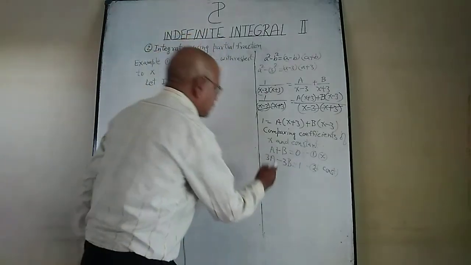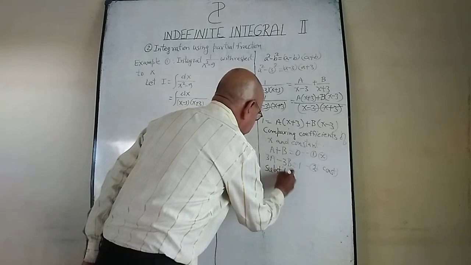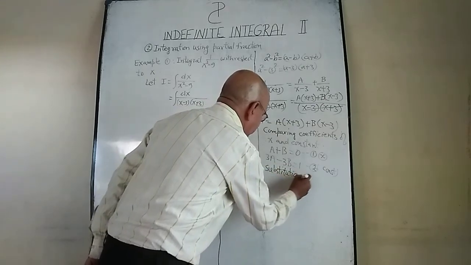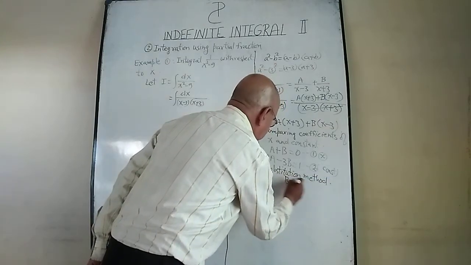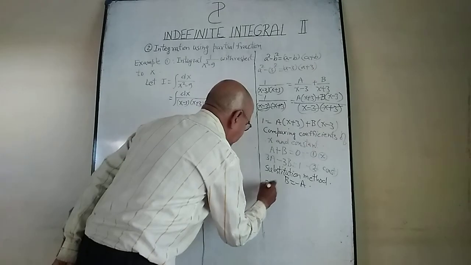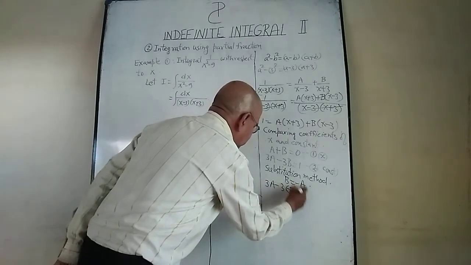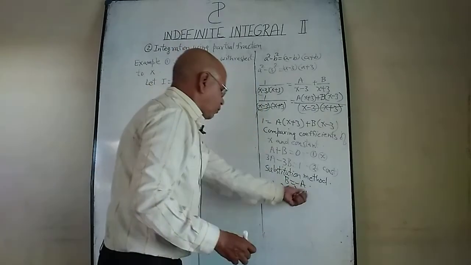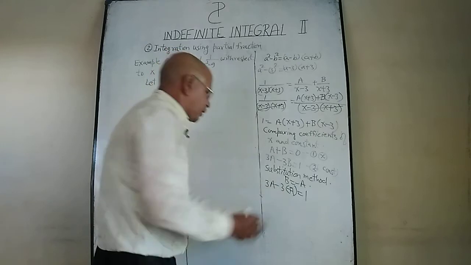Here by the substitution method, I take b is equal to minus a. When b is equal to minus a, in 3a minus 3b, in place of b I write minus a, so minus minus becomes plus.